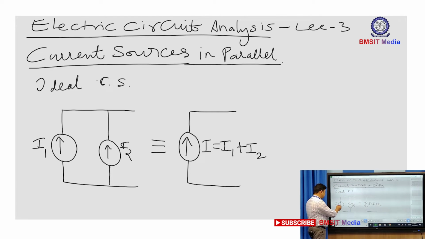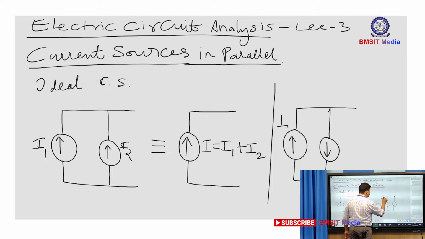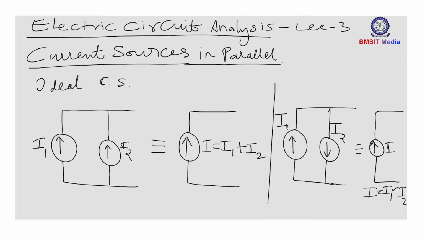Now if both the currents are in the same direction, the resultant current will be the sum of two currents. If the currents are in opposite direction, say I1 is upward and say I2 is downwards, then the resultant current I will be the difference of I1 and I2.